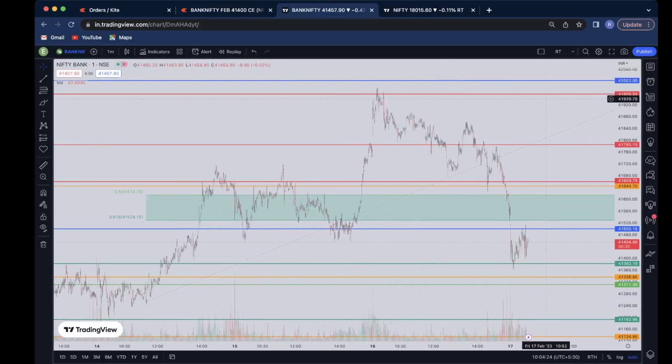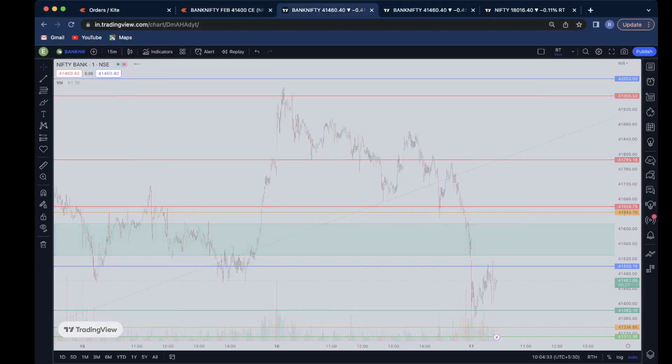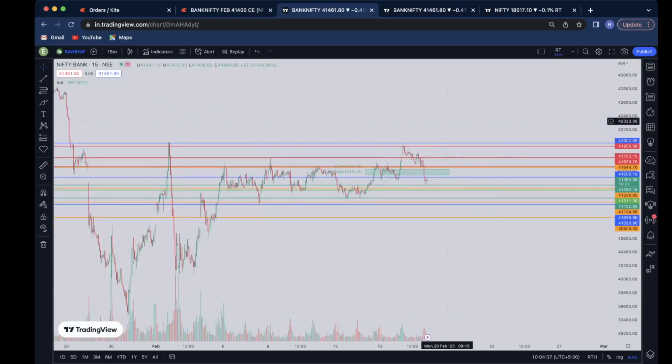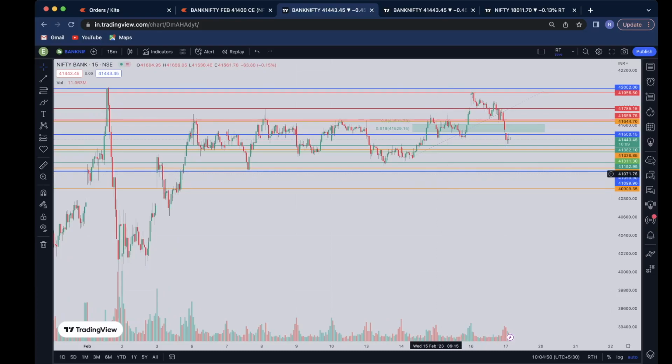As discussed in the previous video, we had discussed the channel or wedge pattern, whatever you would like to call it, that usually if the market has to move, it has to trap the option buyers.